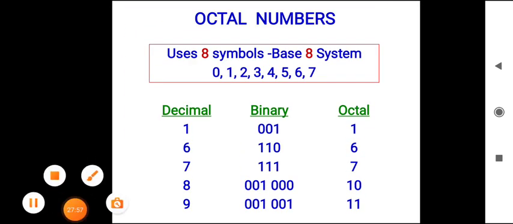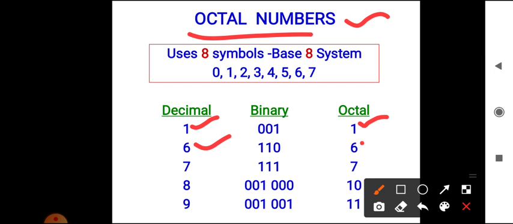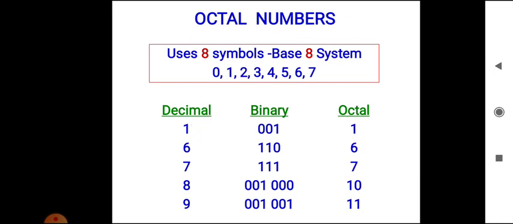So the final number system we are going to discuss is the octal number system. We already learnt that the octal number system is the number system which uses 0 to 7, totally 8 symbols, 0, 1, 2, 3, 4, 5, 6, 7, with base or radix of 8. It is called the octal number system. In octal, 1 means 1, 6 means 6, 7 means 7, the same.